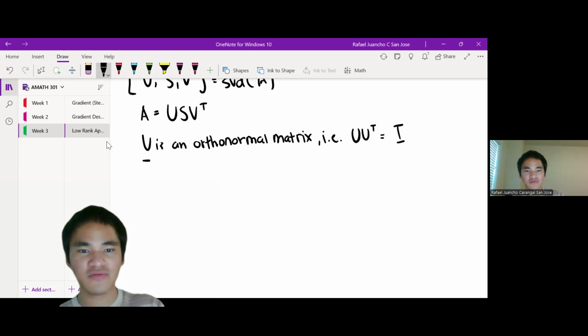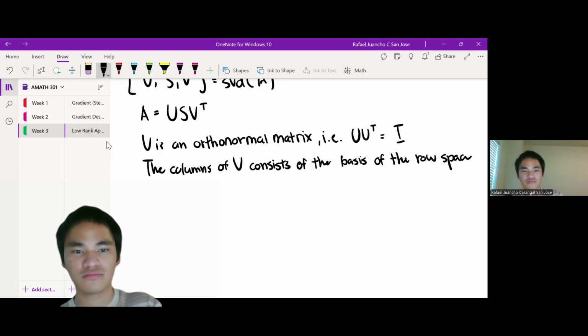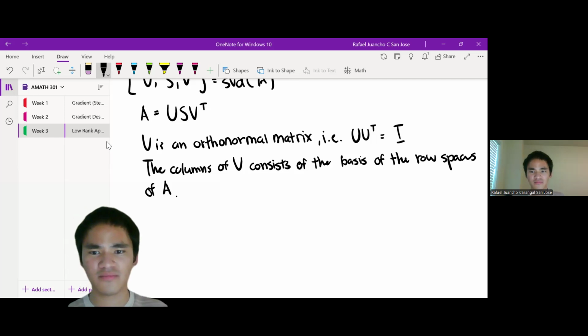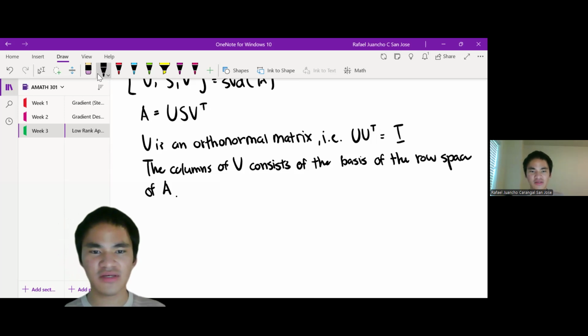Here we say that the columns of V consist of the basis of the row space of A. We'll see how that works in depth.